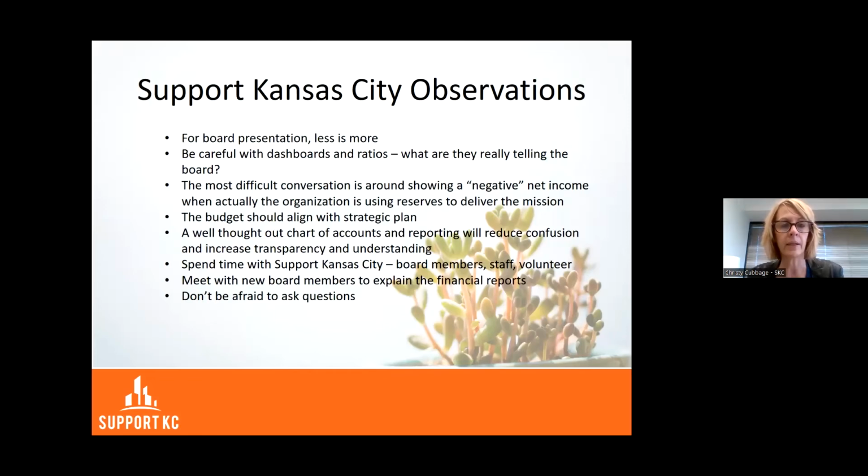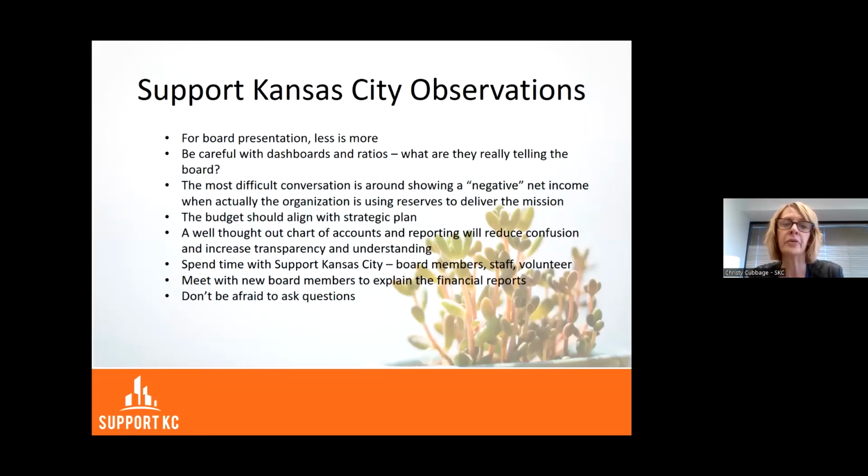So if you can get some condensed reports, if your information is accurate and it's in a format that is a quick presentation, less can be more. And it can actually answer more questions than if you provided 17 to 20 pages.